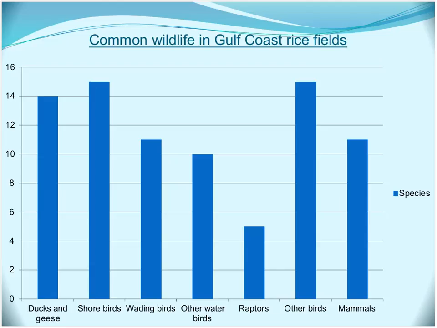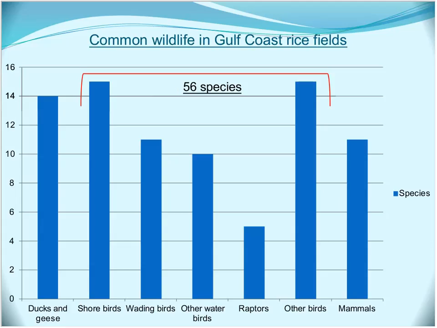A lot of attention is directed at ducks and geese, but when you consider the number of other birds in and around these rice fields, there's roughly 56 species, and these are species that are common, found on an annual basis in and around these rice fields.